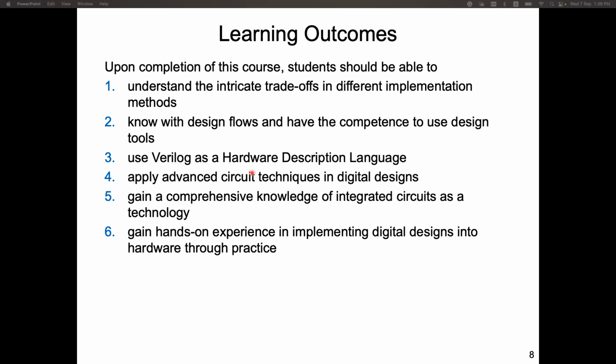And use Verilog as the hardware description language, apply advanced circuit techniques in digital designs, gain a comprehensive knowledge of IC technology, and gain hands-on experience in implementing digital designs into hardware through practice. Basically, the practice through this board.